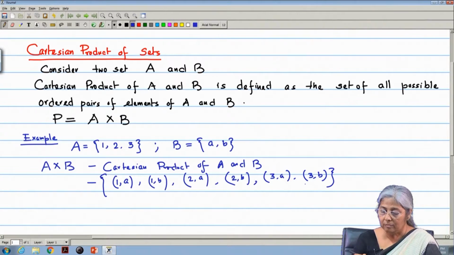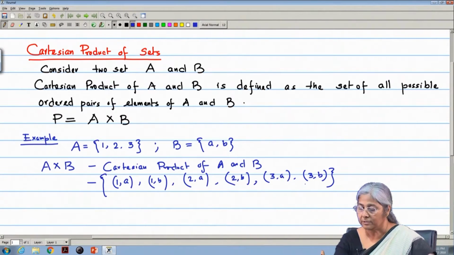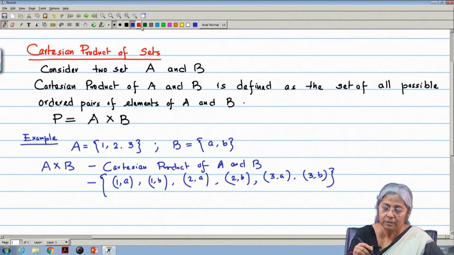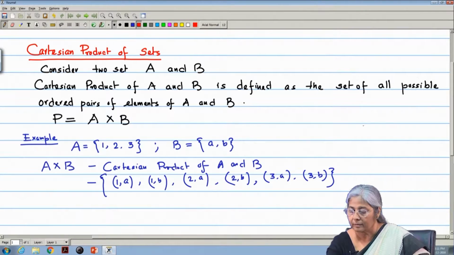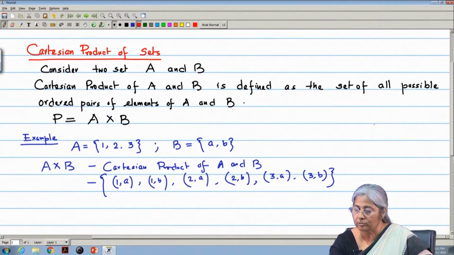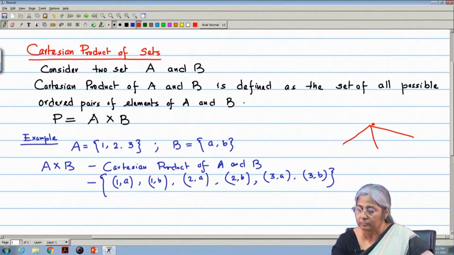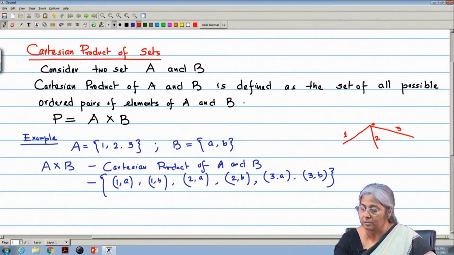We can also give a tree type of structure. Say A cross B. A has 3 elements, 1, 2, 3, and B has 2 elements, a and b.